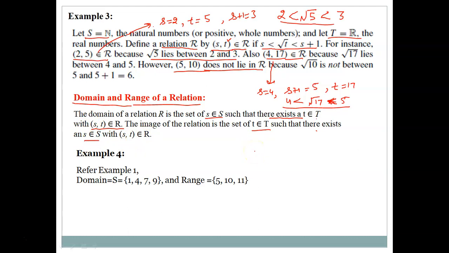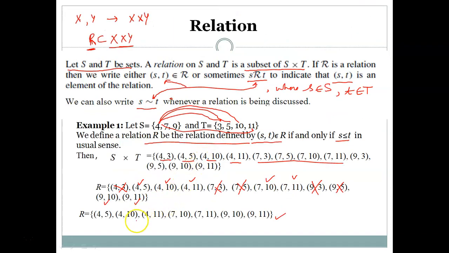So simply from the numerical, I'm again going back to example 1. You can see the set of all first elements in these ordered pairs given in R forms the domain. So in this case, domain is what? Domain in this case is 4, 7, 9.